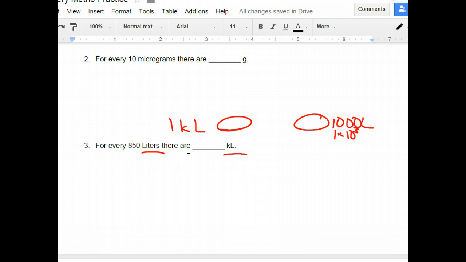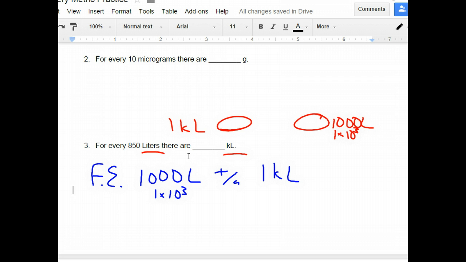So I could say for every 1,000 liters, there is 1 kiloliter. Or I could think about this as 1 times 10 to the third. Either way. And so now I'm going to go ahead and say for every 850 liters, there is blank kiloliters.